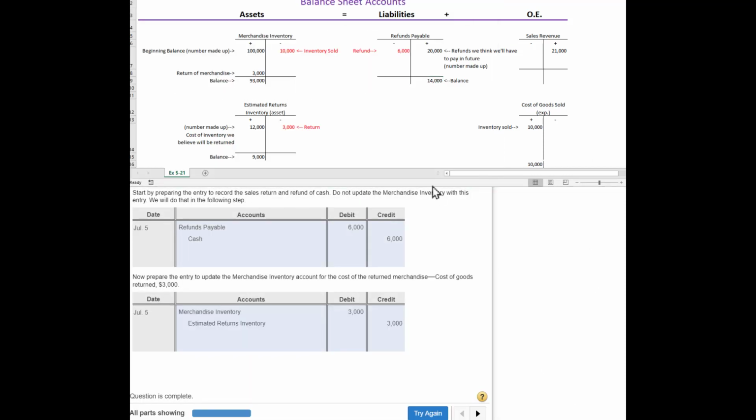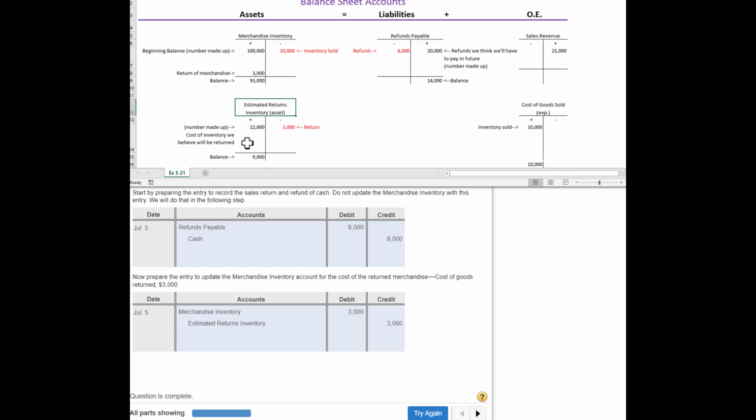So to be able to make sense of this problem, you really have to understand how refunds payable works and how estimated returns inventory works. So remember that refunds payable are just refunds we think we'll have to pay in the future, and then when we actually have a refund, we have to lower the account. And the estimated returns inventory account is an estimate of the cost of inventory we believe will be returned to us in the future.